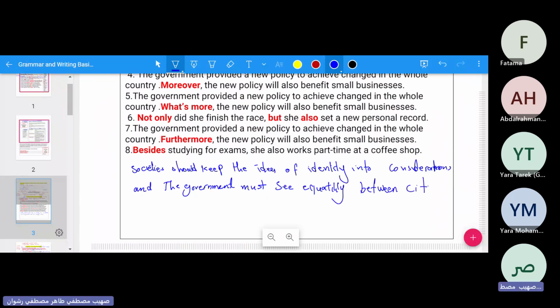Okay, I need to connect these two sentences using in addition instead of and. Who can answer?